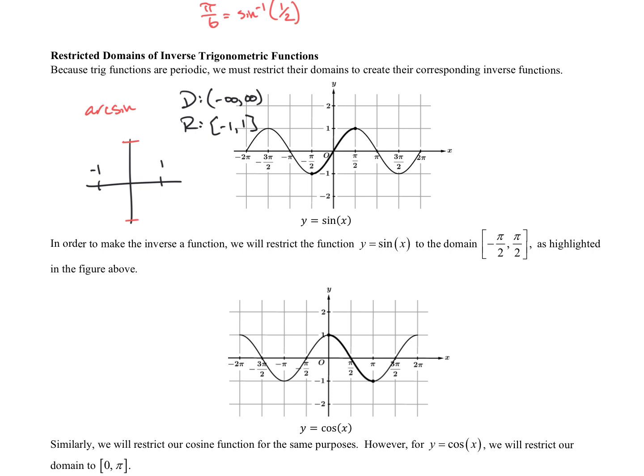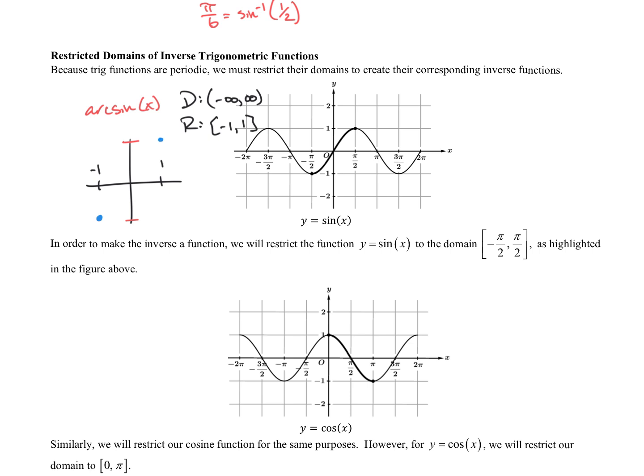When is sine -1? At 3 pi over 2, right? However, I can't call it 3 pi over 2 anymore because it would fail the horizontal line test. Are you following me? And so I actually have to go backwards. So at negative pi over 2, which is the same thing, it's coterminal, it would be right there. And so then when is sine 1? At what?